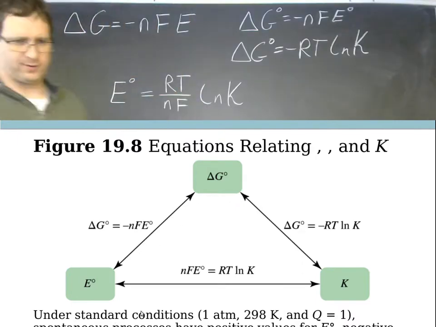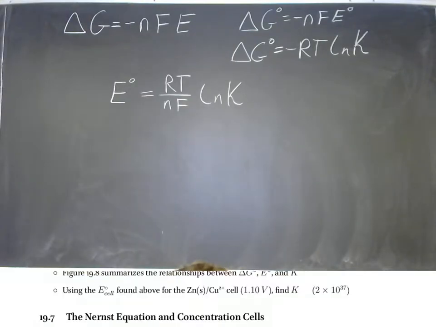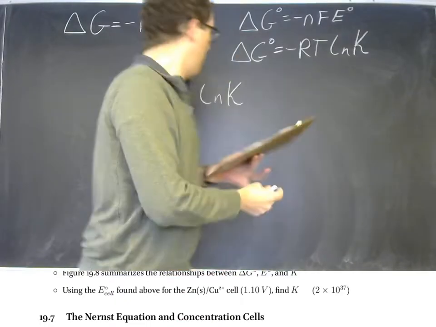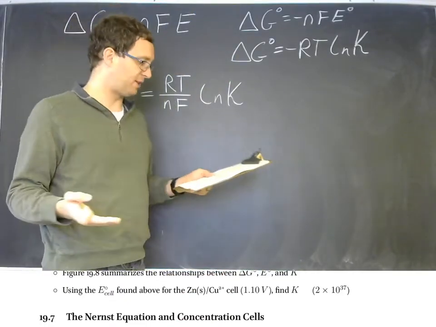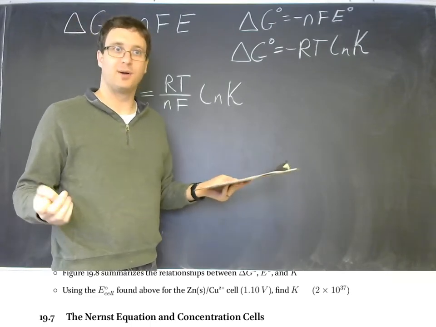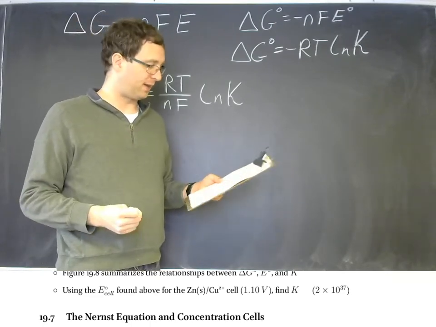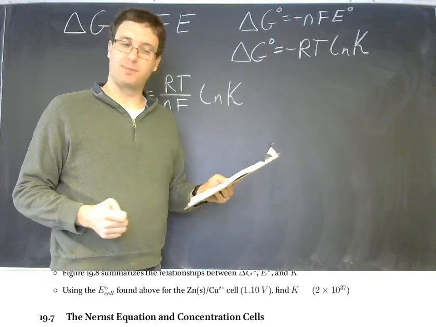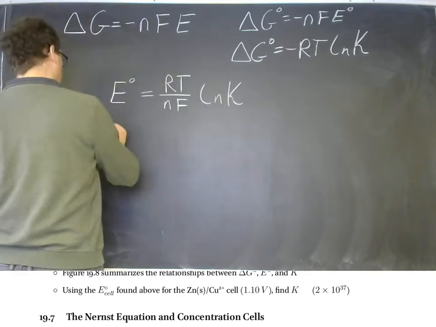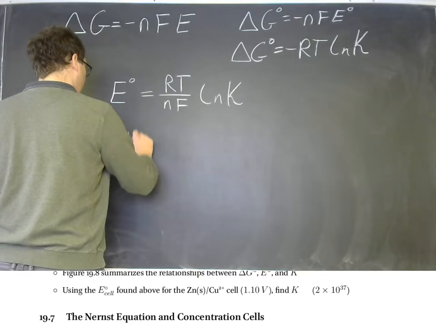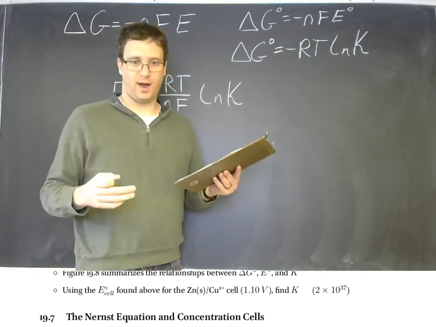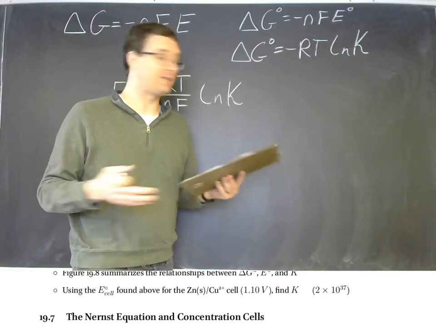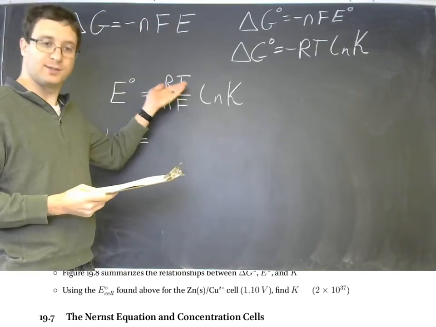So let's do one of those problems real quick. Can we use the standard cell potential for, again, that zinc copper voltaic cell to find its equilibrium constant? Well, that would be 1.10 volts is equal to, oh, and I forgot to write this in my notes, but the temperature appears here, and so of course the temperature will be relevant.